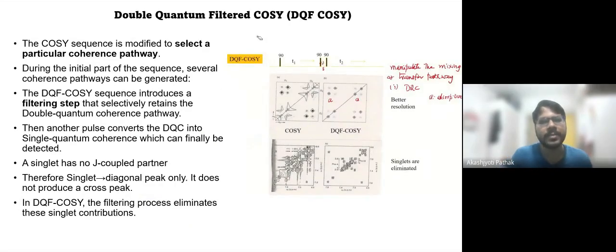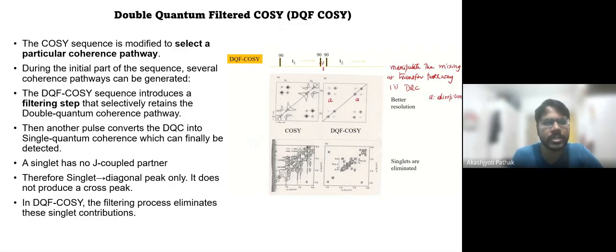Now, another concept that was discussed was the double quantum filtered COSY experiment. The COSY sequence is modified to select a particular coherence pathway. During the initial part of the sequence, several coherence pathways can be generated.